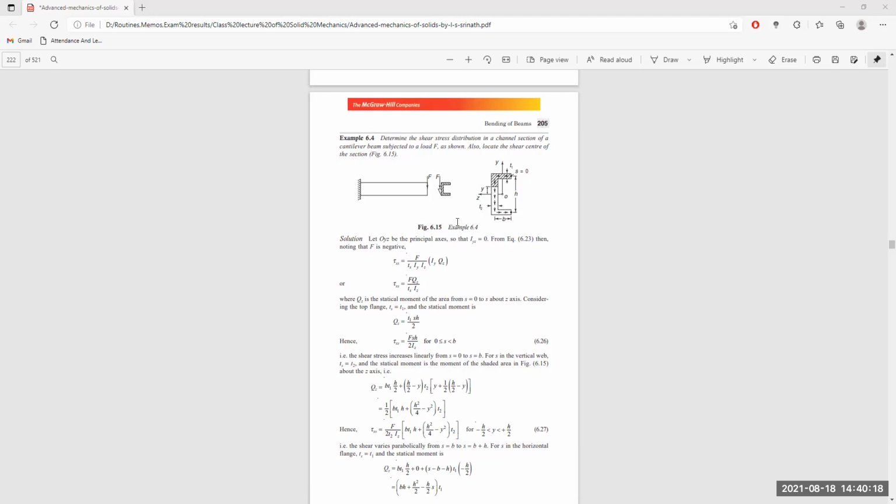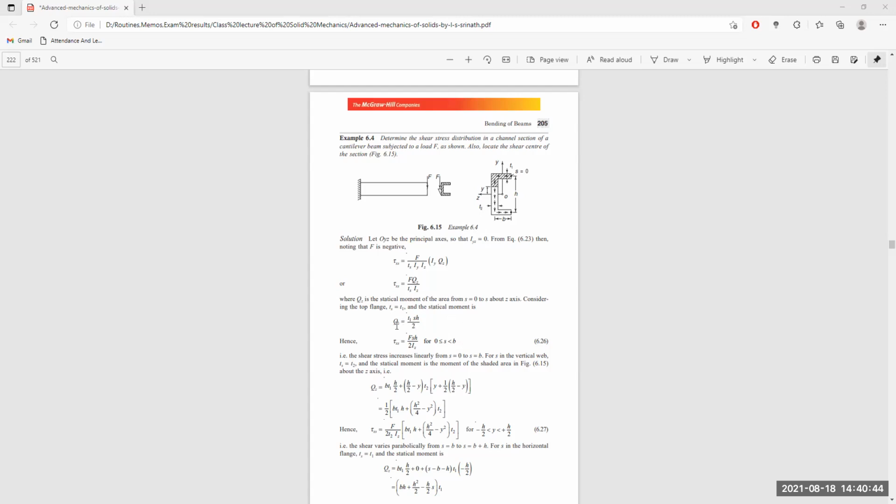So consider the top flange, where Ts is equal to t1, and the statical moment will be the area t1 multiplied by the length s, with the distance from the axis equal to h by 2. So t1 into s multiplied by h by 2.